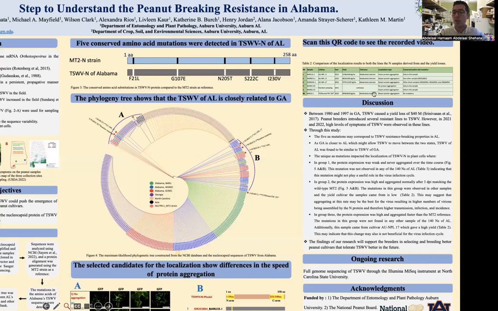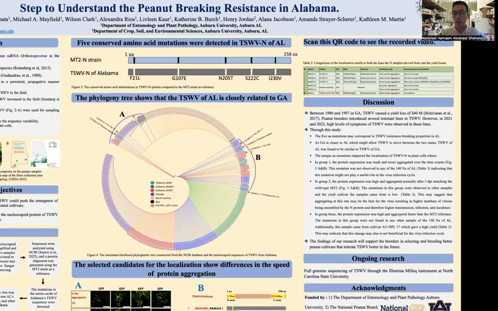So we think that slow aggregation might be beneficial for the virus, and that's why maybe the virus keeps mutating to make this mutation, which was present in 3 other samples here. So maybe this mutation is responsible for the increase in virus symptoms and incidence in the field.